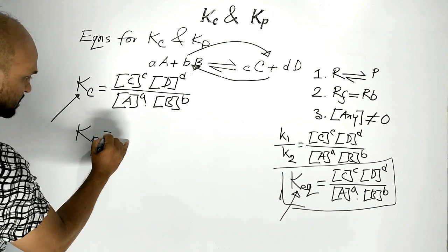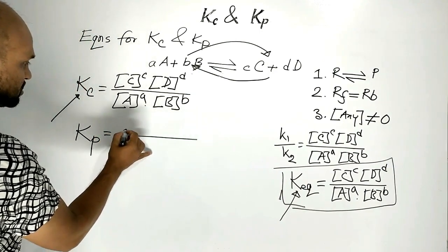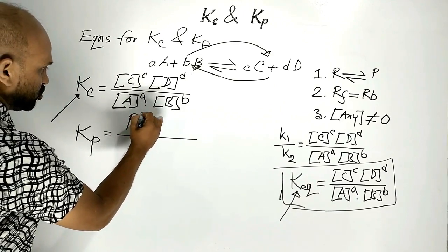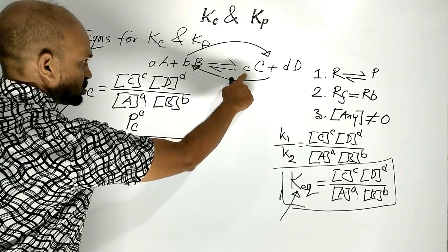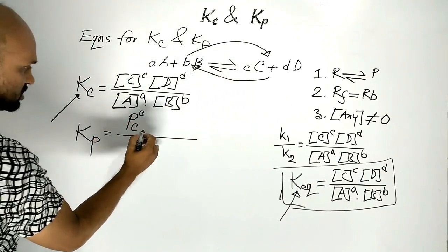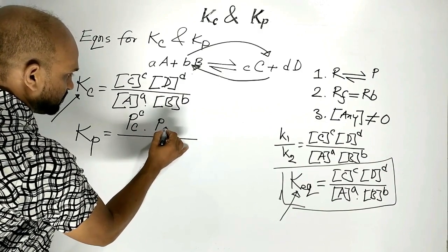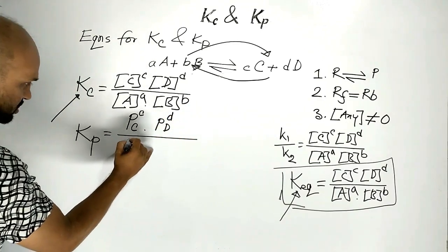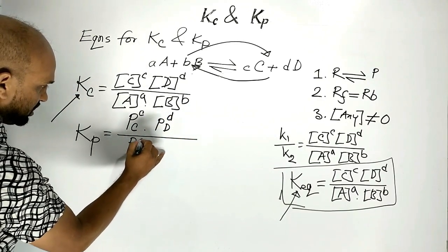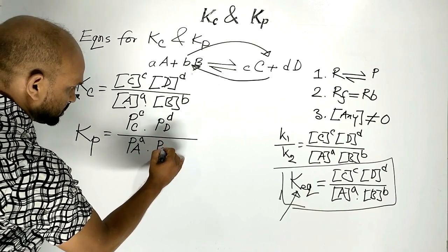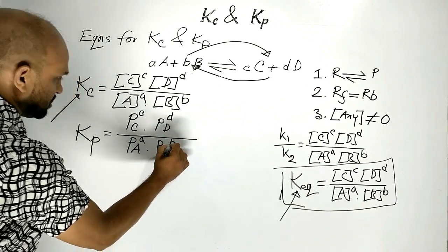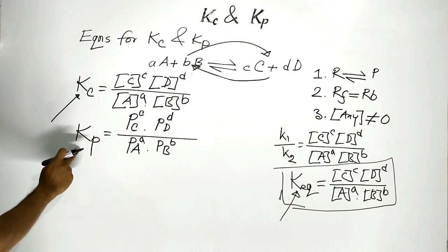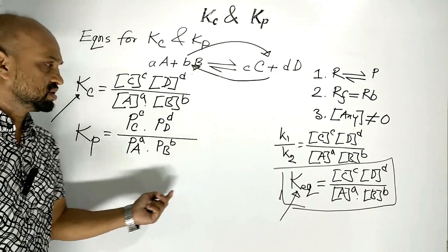Kp is equal to, we can write, partial pressure of C, with its coefficient as power, into partial pressure of D, similarly with its coefficient as power, divided by partial pressure of A into partial pressure of B. This is the equation for Kc and this is the equation for Kp.